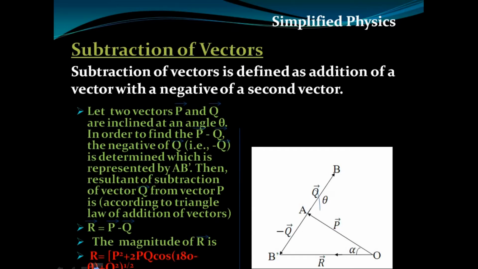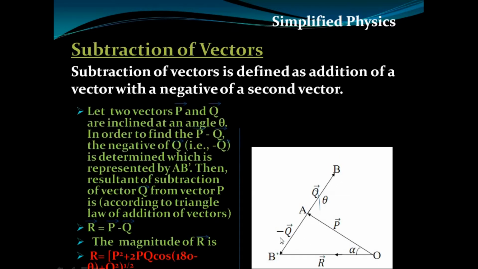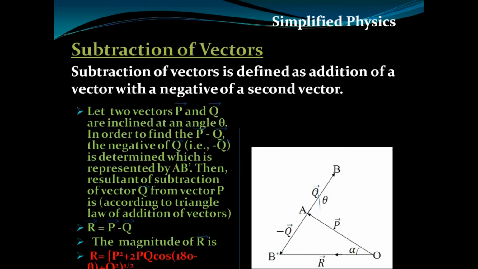The angle OAB is theta, so OAB dash is the angle between vector p and vector minus q. That's why it's 180 minus theta. In this way, we can subtract two vectors, and we can find the magnitude as well as the direction using the triangle law of addition of vectors.